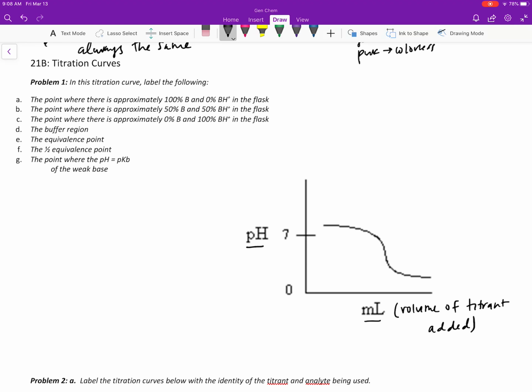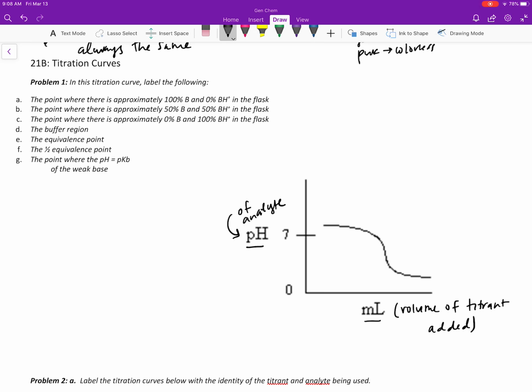Okay, so the amount of blue that we've added to the pink, if we think about the colors of that previous image. So if you're unsure, like is this an acid or a base, this is usually measuring the pH of the analyte. Okay, so we're measuring the pH of the pink solution as we're adding the blue solution over time.